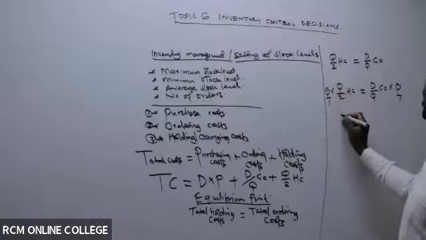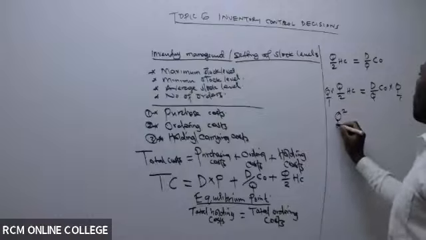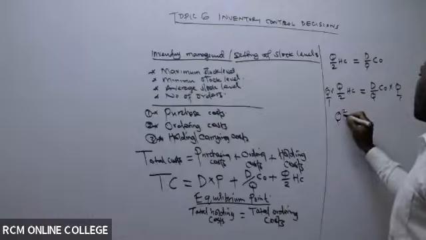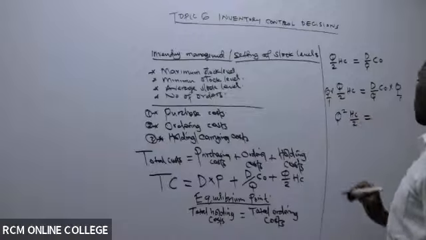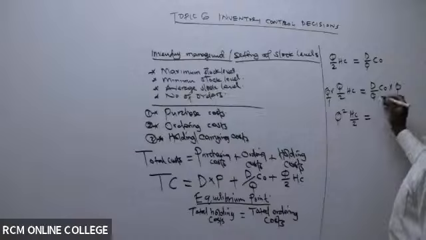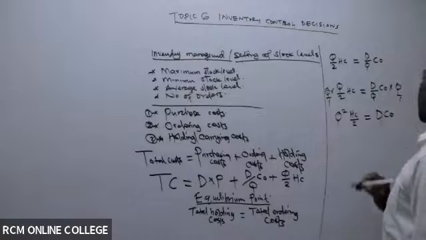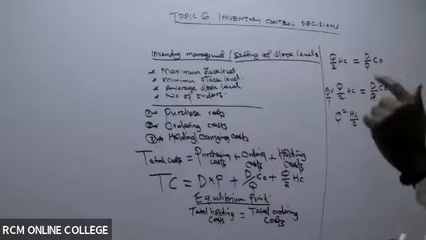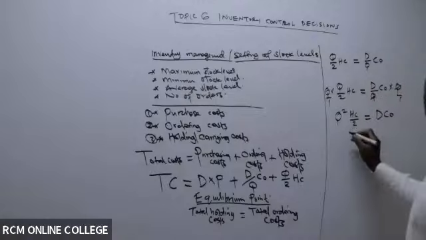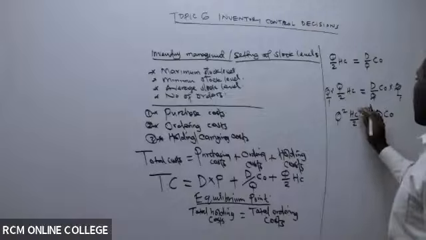So here we are going to have Q squared times holding cost over 2 is equal to demand times ordering cost. Now our intention is to make Q the subject of the formula. So let's go ahead. We now multiply by the reciprocal of this.